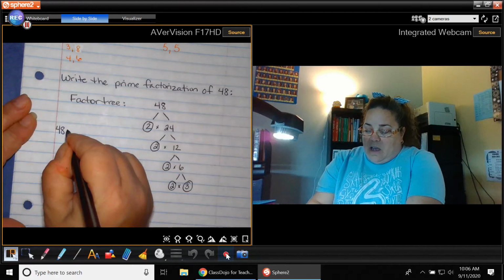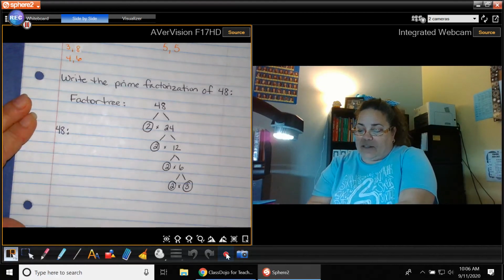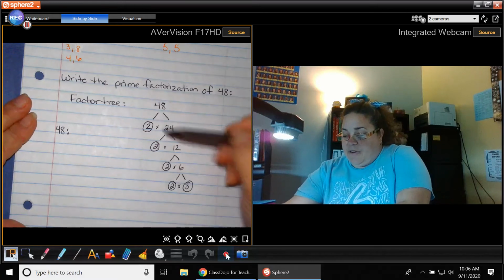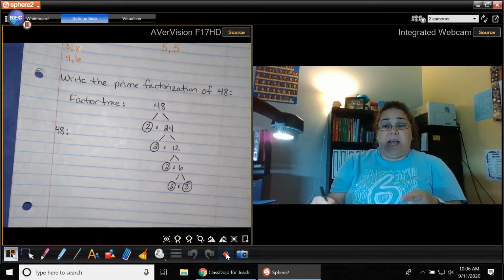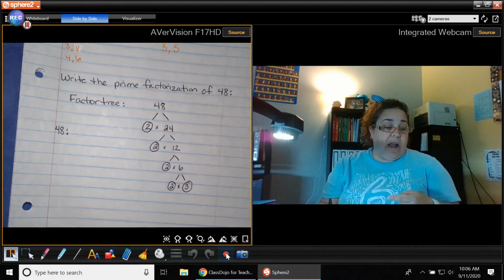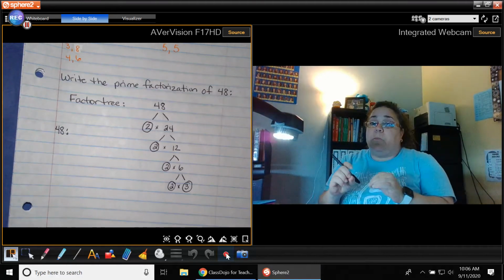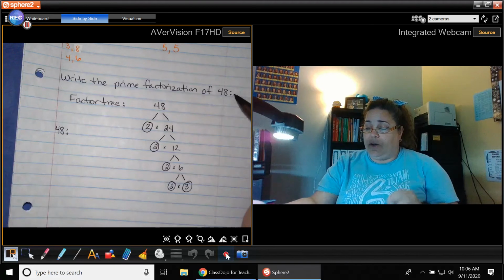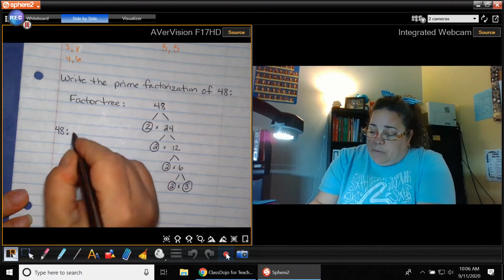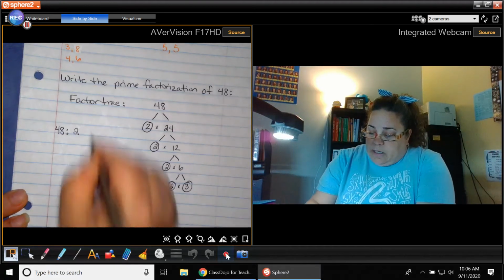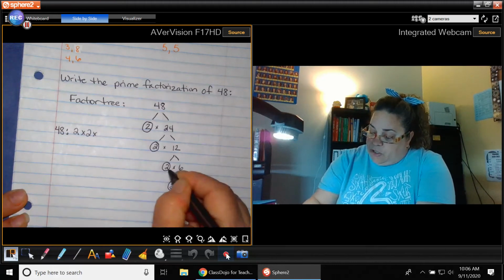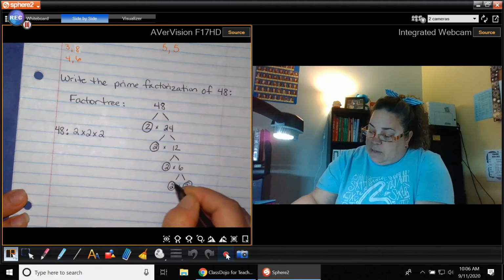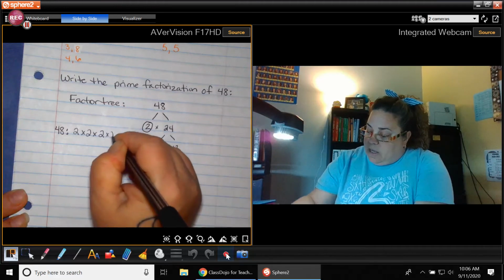And my prime factorization is everything I circled multiplied together. Okay, so remember how we said it was all the prime numbers that you multiply to get the original number? So that would be 2 times 2 times 2 times 2 times 3.